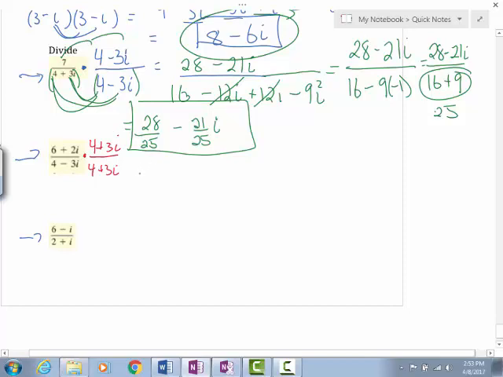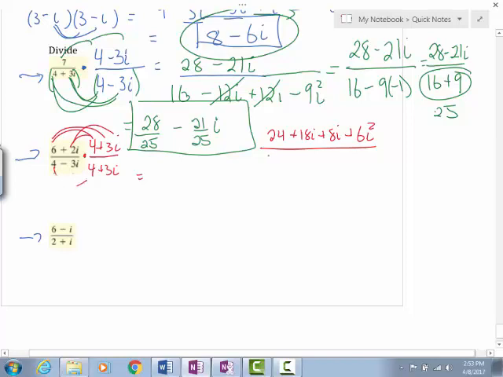Let's go straight across. 6 times 4 is 24. 6 times 3i gives me a plus 18i. 2i times 4 is plus 8i. 2i times 3i is plus 6i squared.